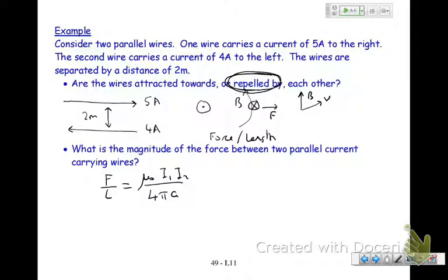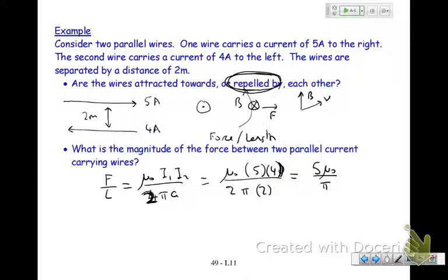Or was it 2 pi A? 2 pi A. So that equals mu naught, and the direction doesn't matter, 5 times 4 over 2 pi times A, and A is 2. So that equals 5 mu naught over pi.